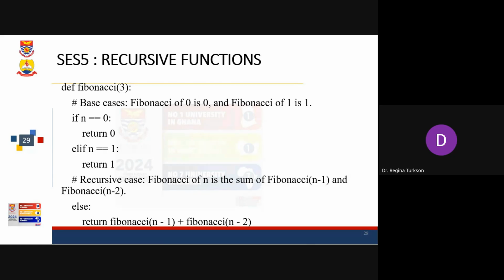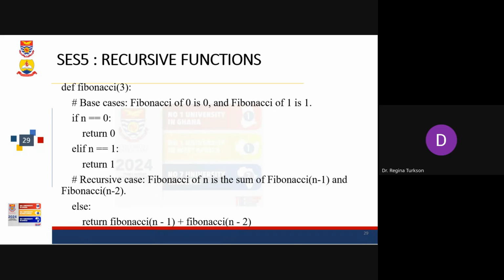So we have to write code or an algorithm for this Fibonacci series. The series has been given to you in the previous slides, and this is the code used in getting this series. It is an algorithm for obtaining what we have on the previous slide. If you have a Fibonacci of a number, if the number is equal to 0, the code will return 0 because Fibonacci of 0 is 0.